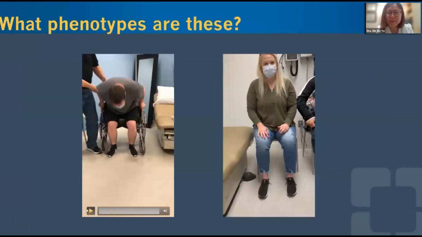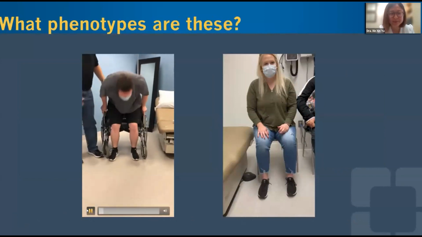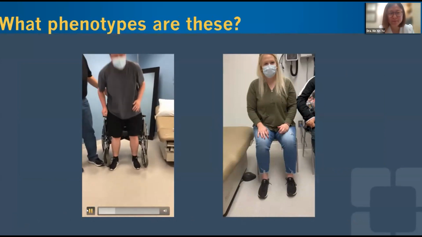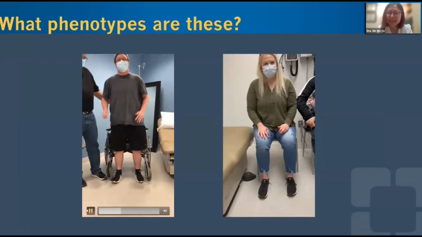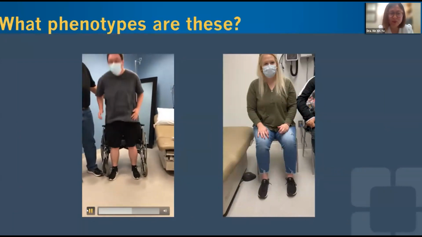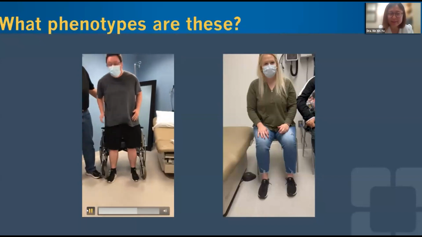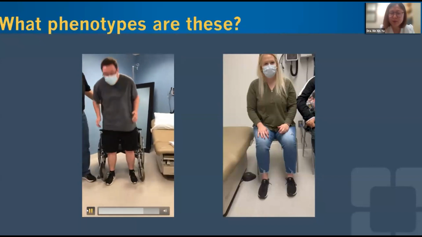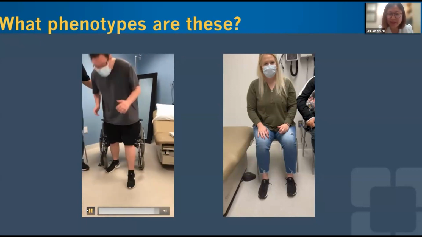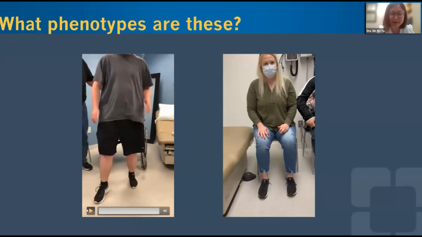So what phenotype are these? Let me play each one. So would you classify this as a tremor? Or maybe myoclonus? The tremor would be regular, rhythmical, oscillatory, but it doesn't really fit with that.